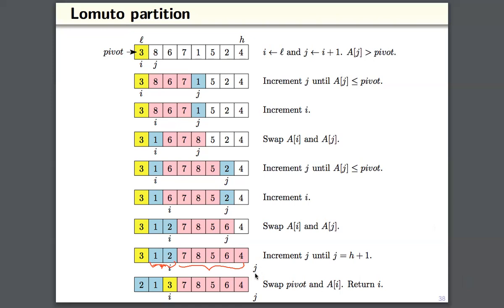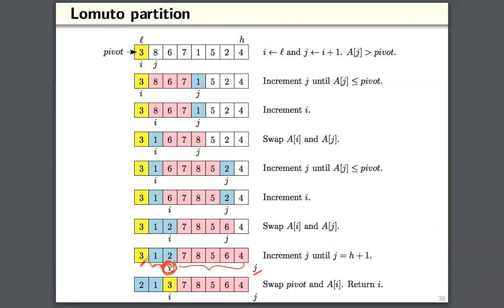But currently j is out of bound here. So we are interested in this i, the last cell of the blue subarray. Swap yellow and the last cell of the blue subarray.